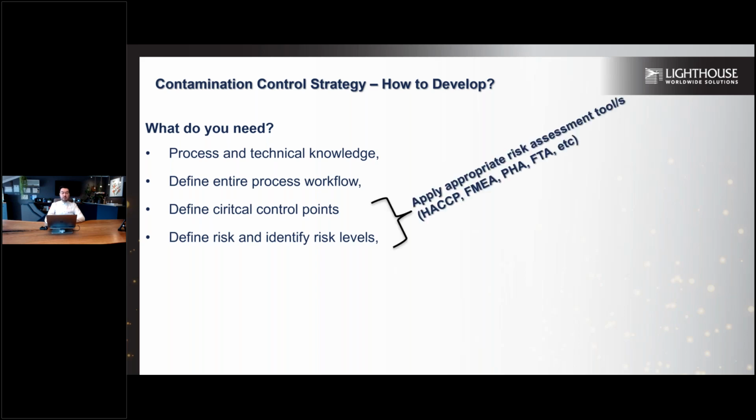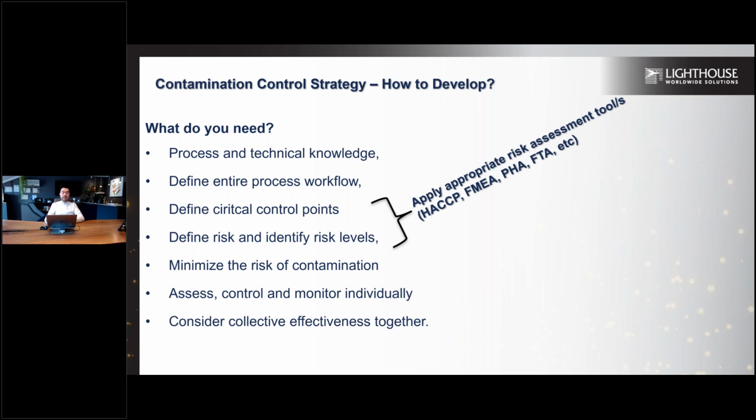After that, we can have HACCP, FMEA, or PHA, different and appropriate risk assessment tools that have to be used on these processes. And after that, we need to minimize the risk of contamination and assess, control, and monitor individually, and consider collective effectiveness together.